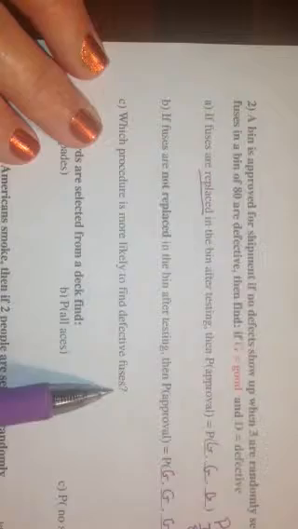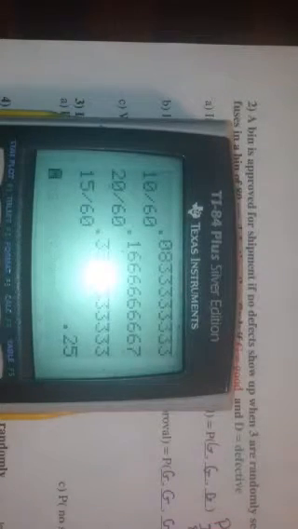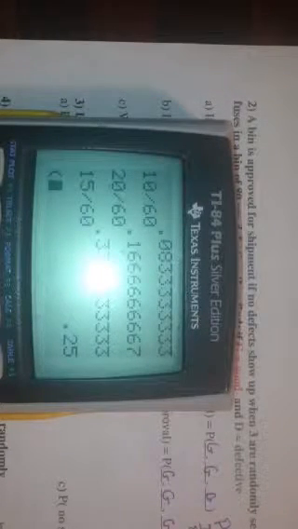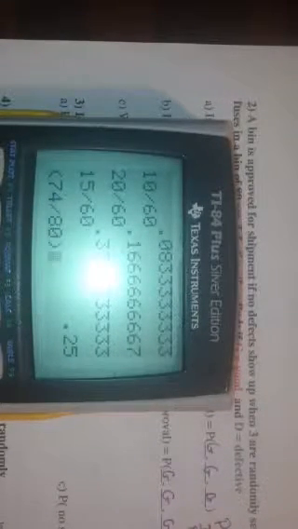Which procedure is more likely to find defective fuses? Well, let's see what our percentages are. So 74 divided by 80 raised to the third power is 79%.